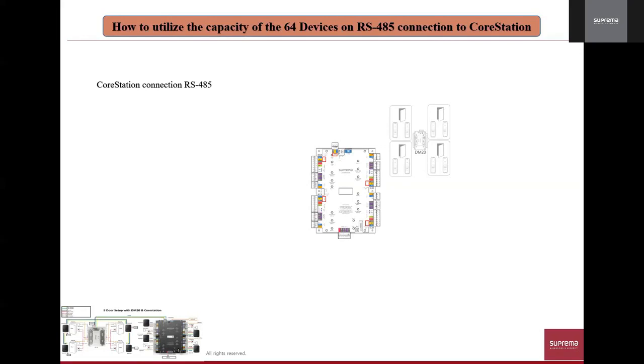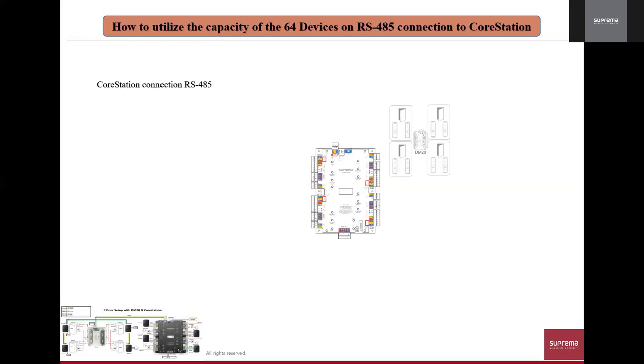But the overall total that the CoreStation could support is 64. You have to be very mindful that you're not putting all 64 devices on one interface. It just will not work, and it won't see all the readers, and you have a dysfunctional system. So be very mindful that you connect the maximum that's supported on each interface, which is 31.